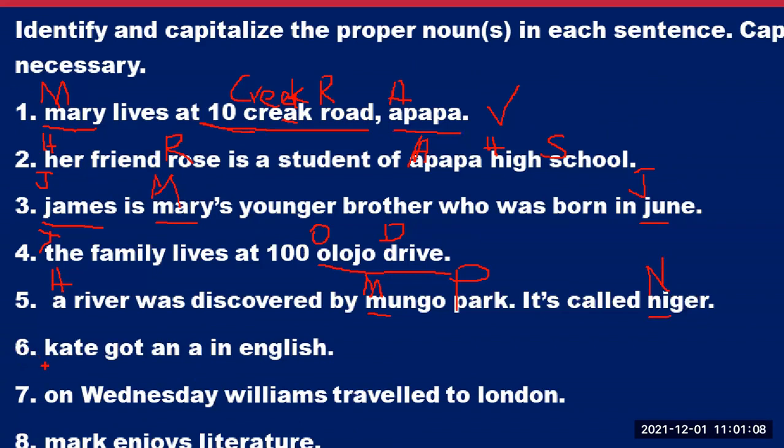Question number 6, Kate got an A in English. Kate is a proper noun. All right, so we have to underline it. Got an A in English. An A in English.